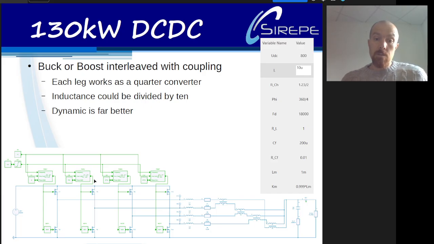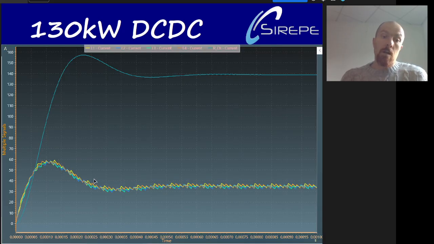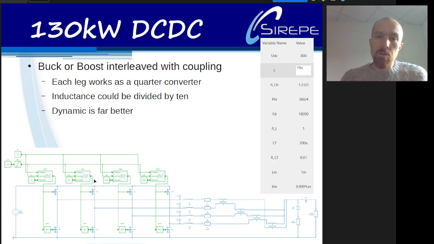The inductance could be divided because here the high frequency ripple is very low and it's not an optimized design. So we can divide the inductance by 10 to reduce its volume and use only the leakage of the intercell coupler, which we see afterwards, to filter the converter. By dividing this inductance, the dynamics of the converter is better.